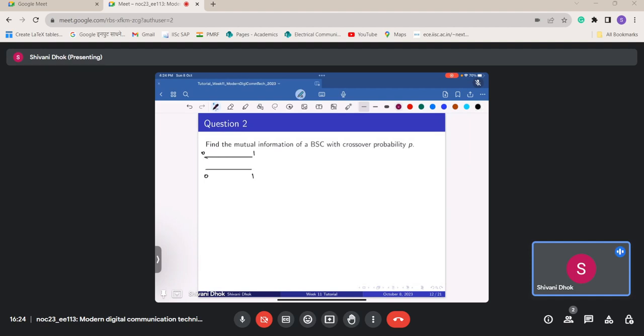This crossover probability is P, which implies that this probability is 1 minus P. And let's say the input is X and the output is Y. Now another definition for this mutual information is basically the uncertainty or entropy in Y minus the entropy in Y given X.